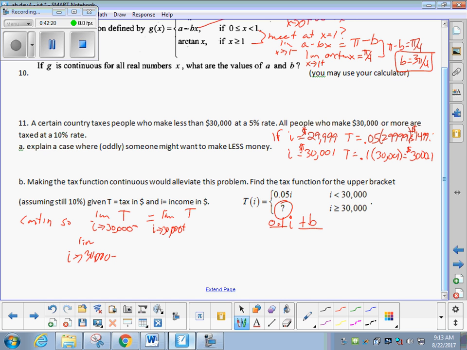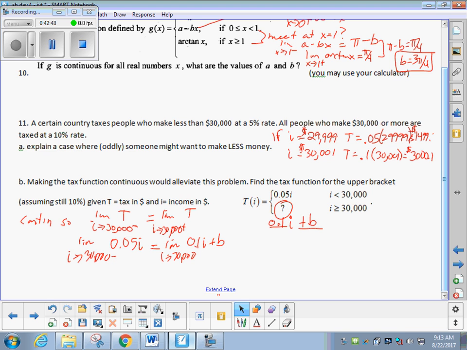Now, in piecewise, you then say, all right, this is the branch I'm using. What's the lower branch? 0.05i. And that needs to equal the tax from above. What's the function for tax from above? 0.1i plus b. Okay. Now we start doing a little analytics, some calculus here.